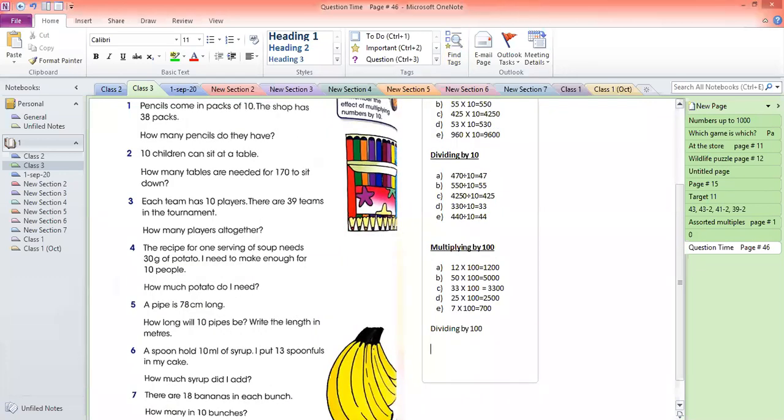So guys, dividing by 100 means, let's suppose you have 1200 and you have to divide it by 100. It is also very easy. Write 1200 first and see how many zeros are there in 100. Two. Remove 2 zeros. It will become 12.